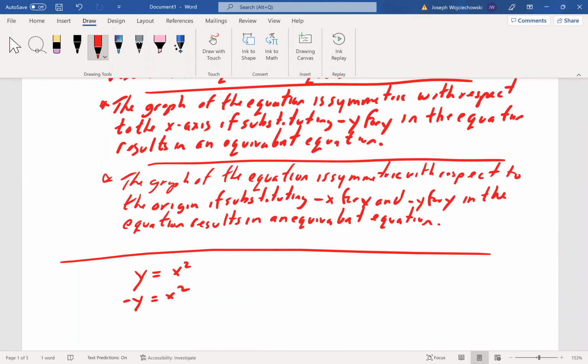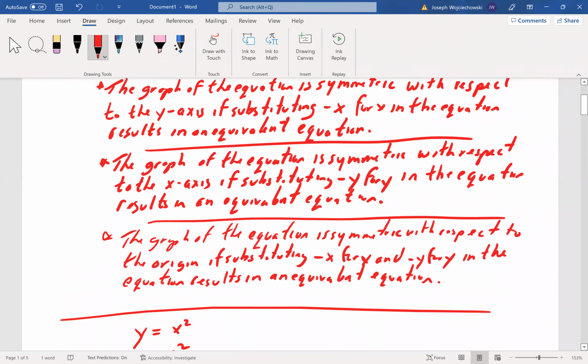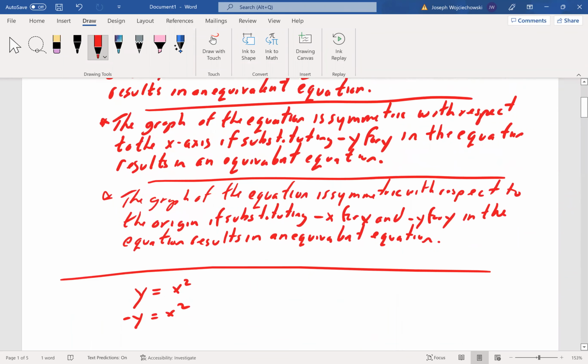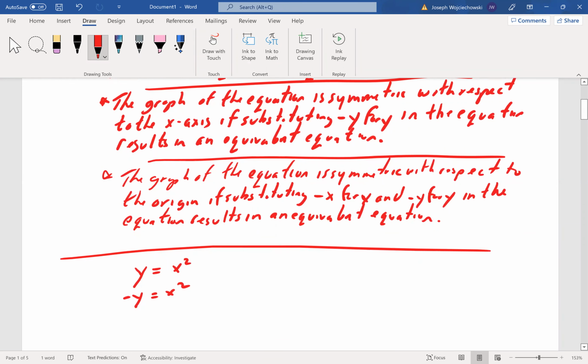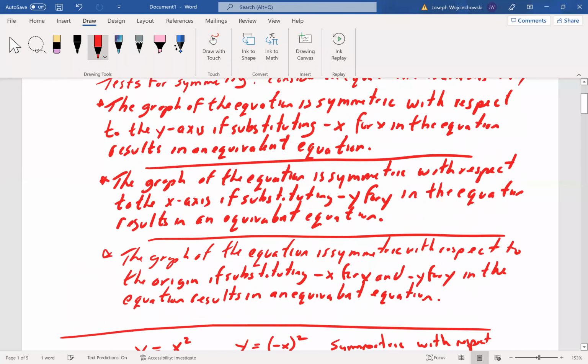So this is not symmetric to the x-axis. We can test to see if it's symmetric to the y-axis. y equals negative x squared, which is the same as y equals x squared. So it is symmetric with respect to the y-axis.